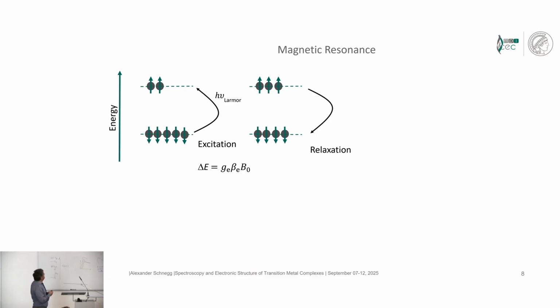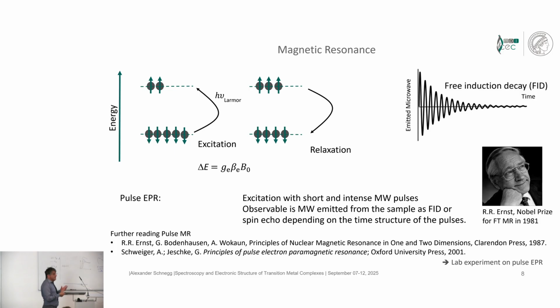And by applying these resonant microwaves, or in the case of NMR, megahertz radiation, we excite electrons and change the population in our spin system. And if we now switch off the external field, our system will start to irradiate microwaves exactly with the Larmor frequency, and this radiation decays with a characteristic time.